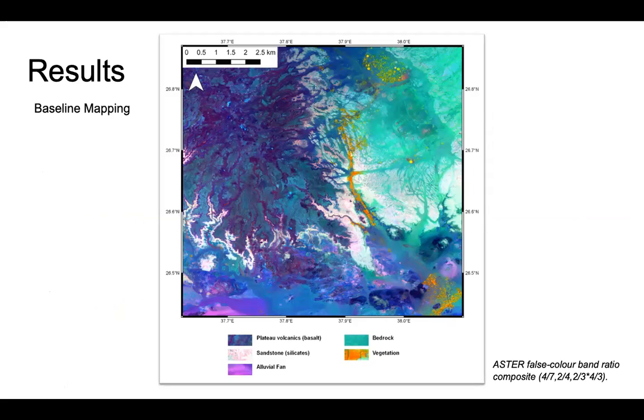So this is one of the main outputs that I produced first of all, which is using ASTER, an optical satellite. This is an ASTER composite, false color composite image. Satellite data is multi-band because the sensors on board the satellite detect light at lots of different wavelengths.